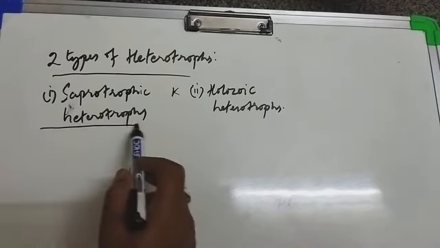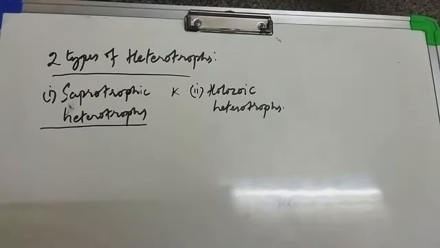Saprotrophic heterotrophs, what do they do? These organisms break down the food material outside their body and absorb it. Simply put, a saprotroph digests the food outside its body.